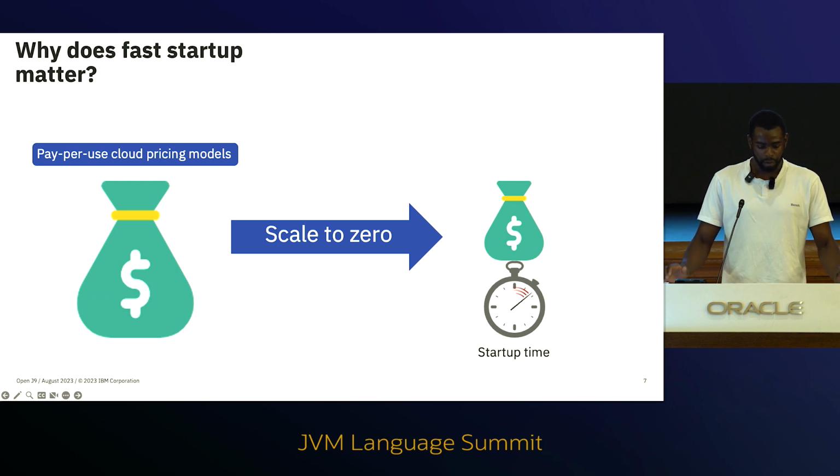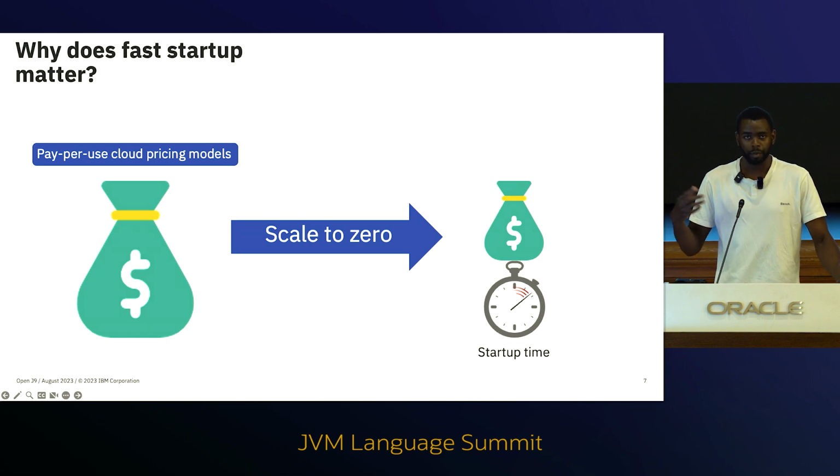So while scale to zero is very good, to use it effectively, you really need startup time to be well under a second. And that's because a lot of applications are very sensitive to latency. This is typically true for end user applications, things like e-commerce, streaming, etc. So if you're hosting an application with a JVM-based app server, then the latency cost is proportional to the JVM startup time.